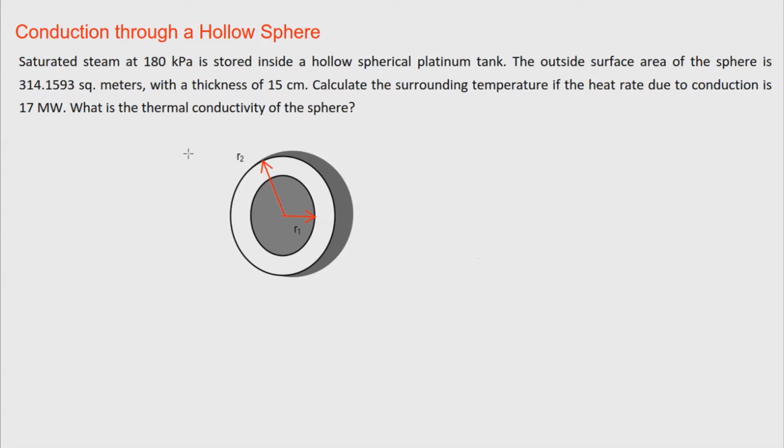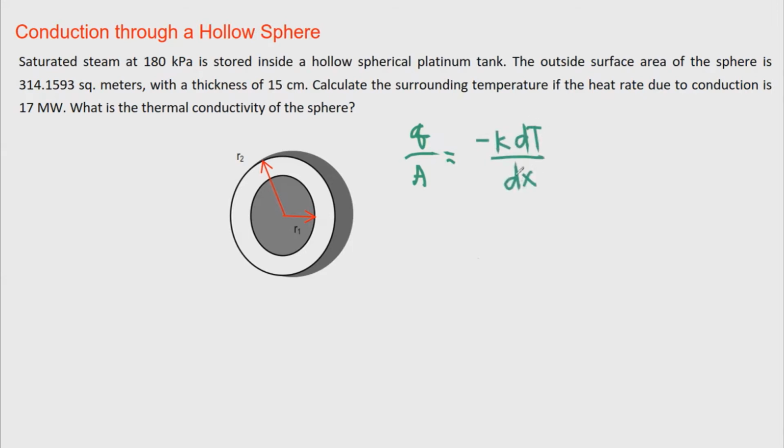So remember our formula for heat of conduction through a certain geometrical shape in a steady state condition is negative k dT over dx.